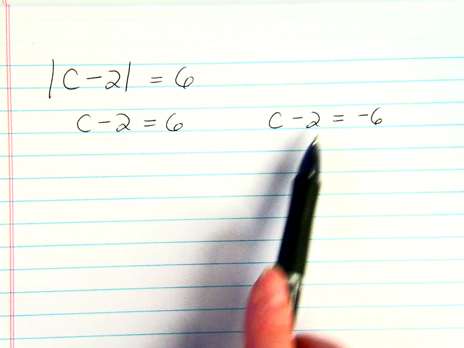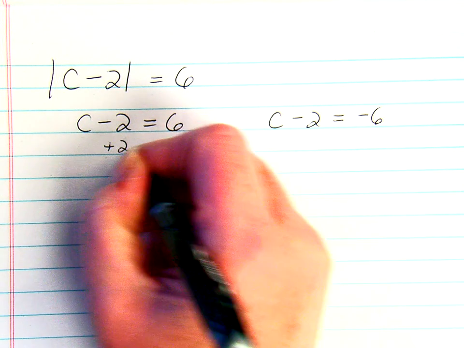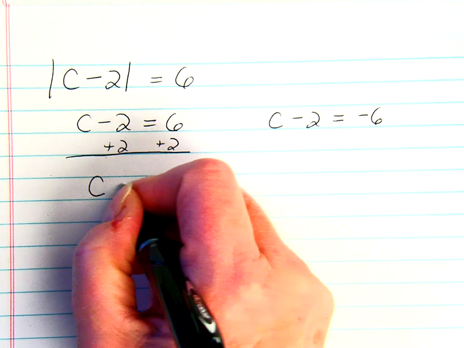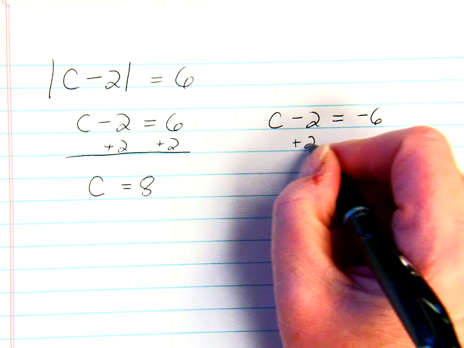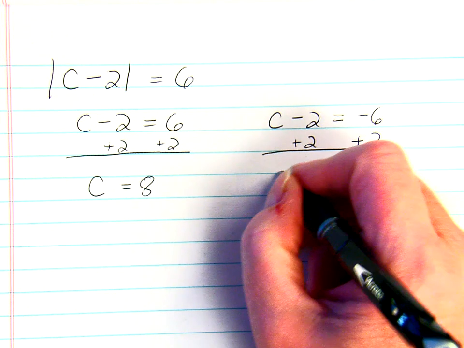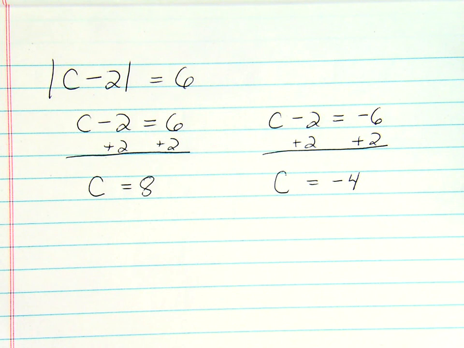So we have to solve for both of these equations. So adding 2 to both sides, I come out here with c equals 8, and adding 2 to both sides here, I come out to c equals -4. So I have two answers.